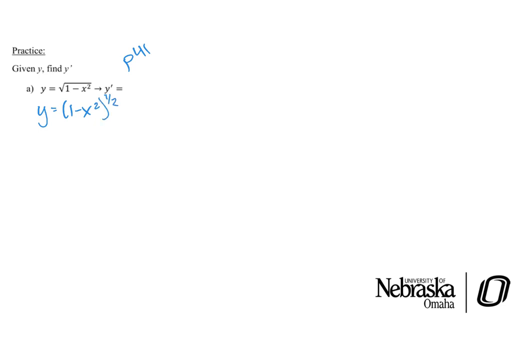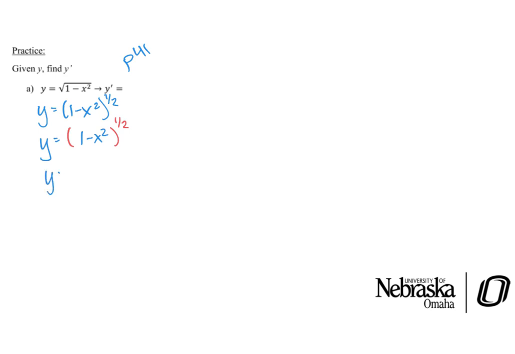So the 1/2 exponent applied to the entire thing would be like our outer function. So we could color coordinate this so you could visualize it even more. This 1/2 exponent is the outside function, and this 1 minus x squared is the inside function.